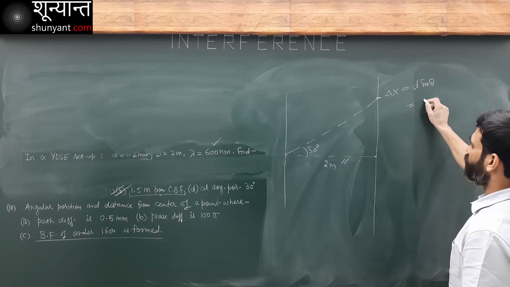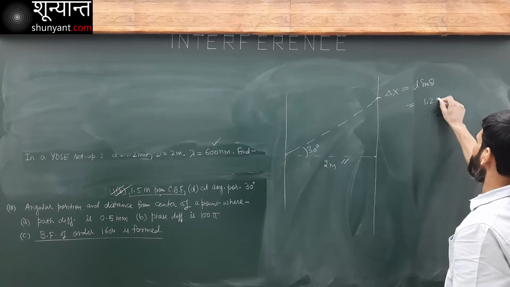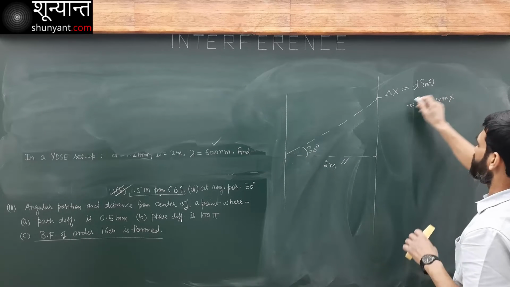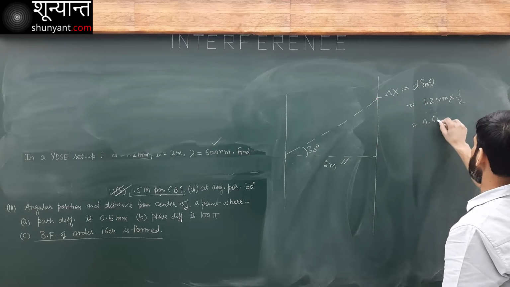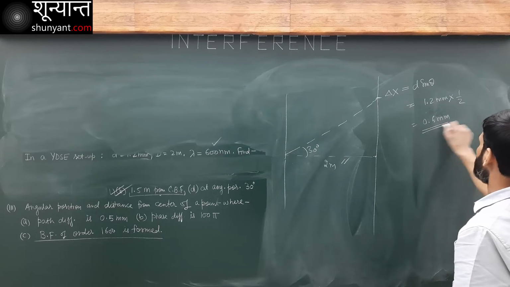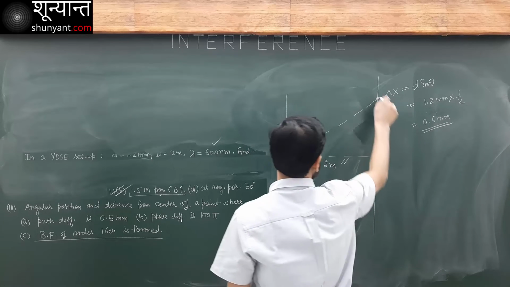Now this will be equal to small d, so 1.2 millimeter times sin 30, which is half. So it is 0.6 millimeter. This is the path difference at this point here.